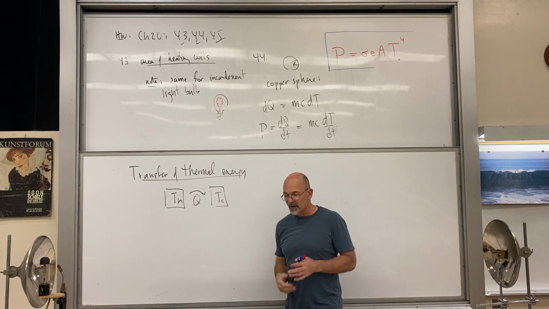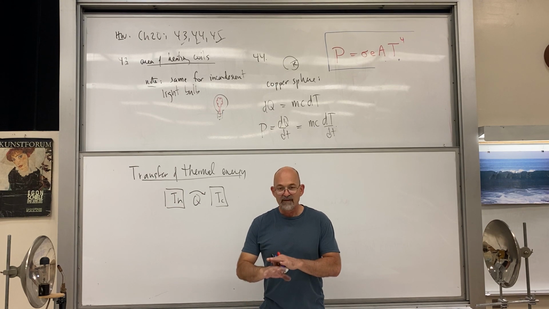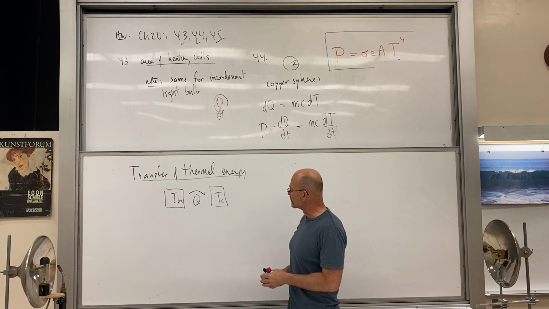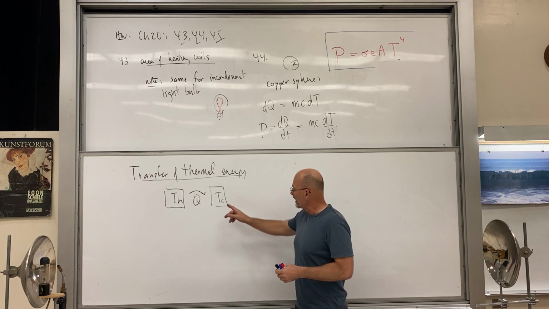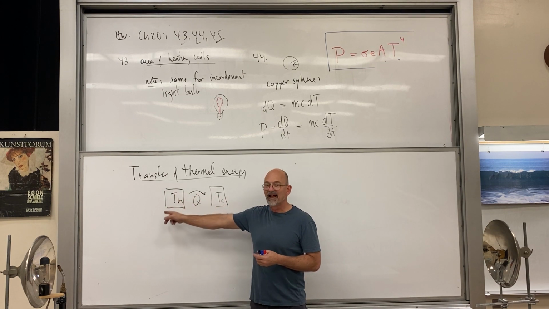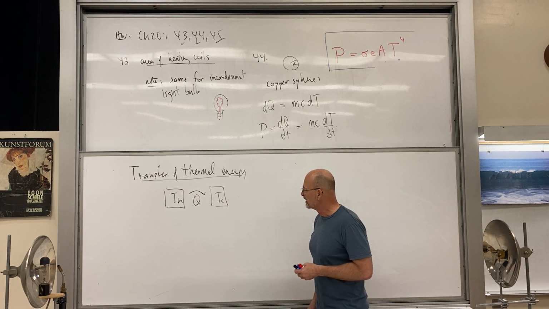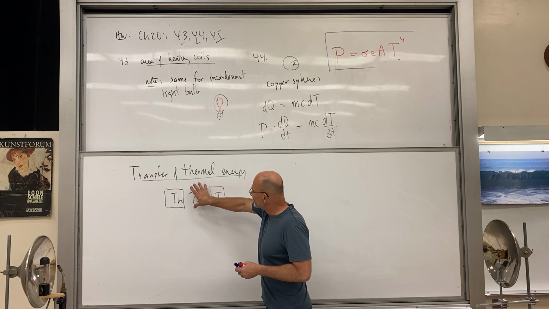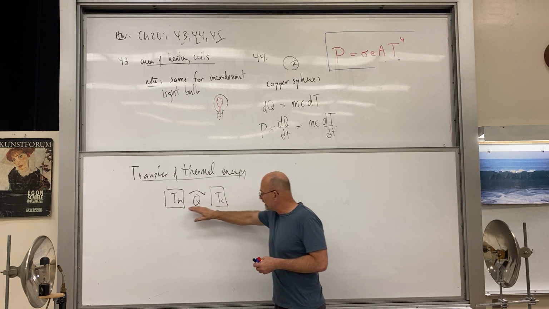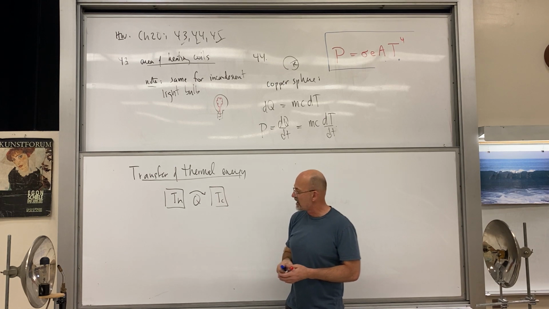You would not, for instance, have two objects in contact with each other and have the cold one get even colder and the hot one get even hotter. That's just never going to happen. So if we want to get a deeper understanding of this direction of energy flow, that's what our next topic is.